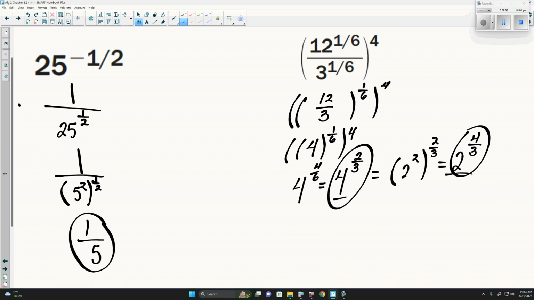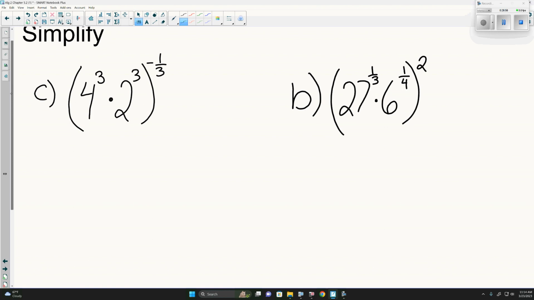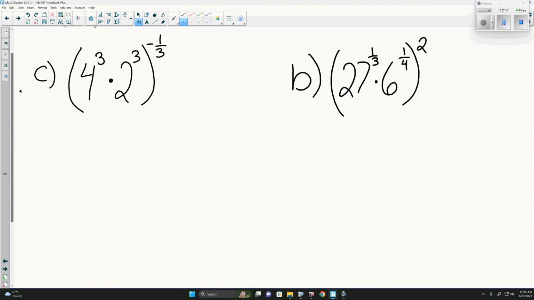Are you ready for the next one? I believe we only have 3 left, and then we are done with the notes for today. Now C, if we look at this here, we have both of these applied to the negative 1/3 power, yes? What do we know? How can we make the negative 1/3 power positive?